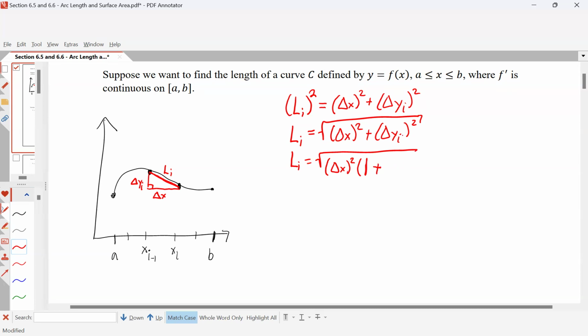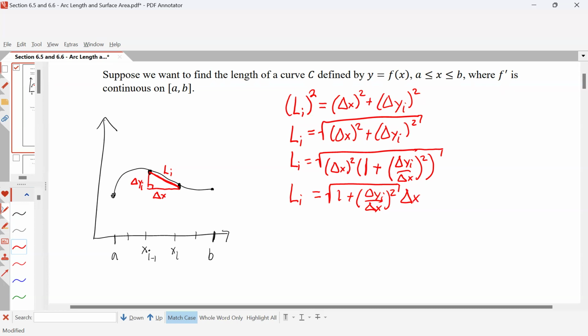And then factoring out a delta x squared from delta y i squared becomes delta y i over delta x squared. So undoing some distribution. And now, since everything has this squared term multiplied by it, we have L sub i is equal to the square root of 1 plus delta y i over delta x squared, times delta x.